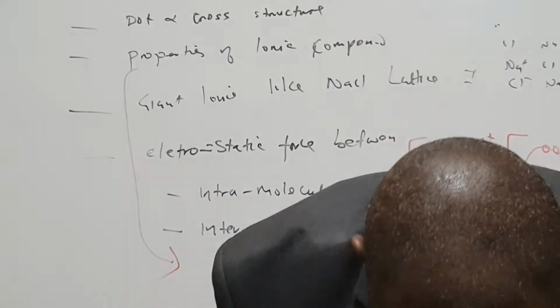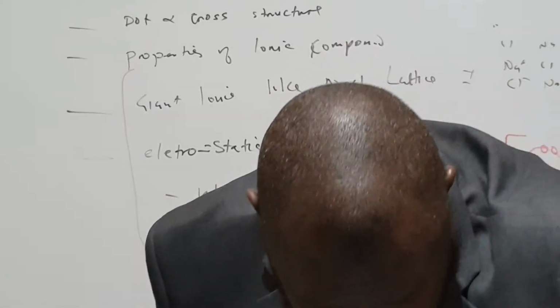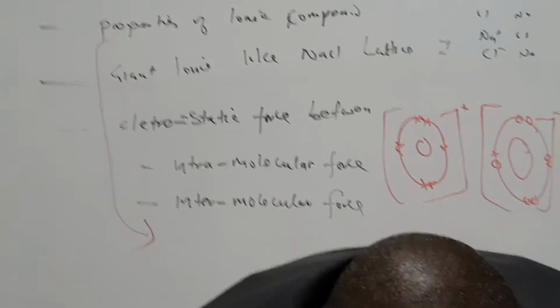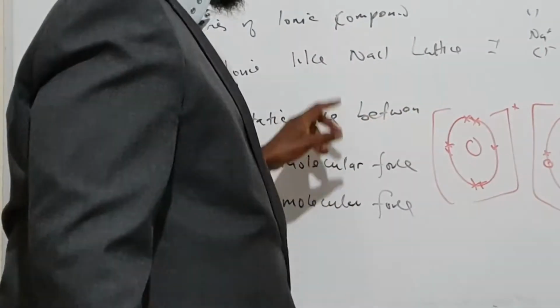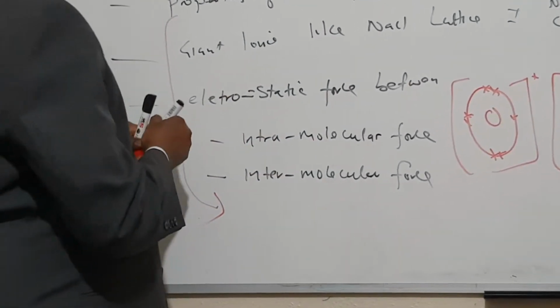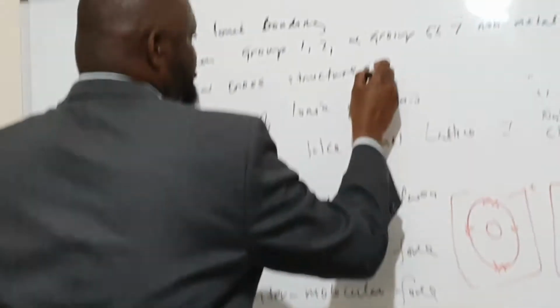Now the structure is examinable. They want you to be able to show how the ionic bonding takes place. They want you to show the arrangement, or the cross and dot diagram.